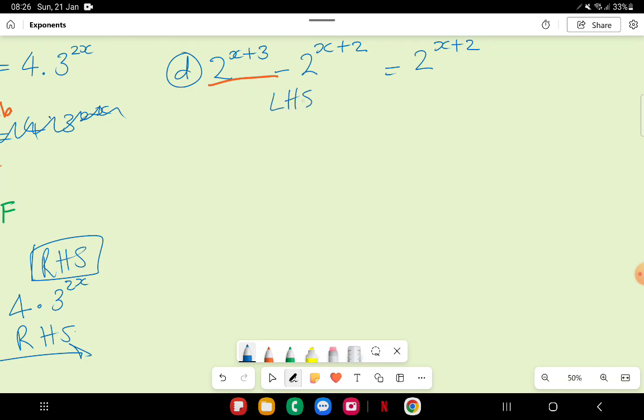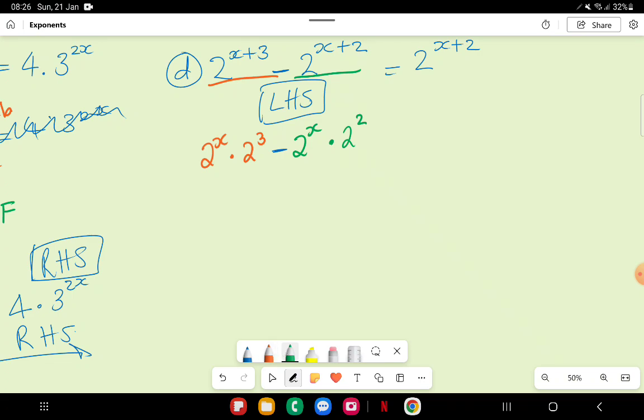So we're only going to work on the left hand side real quick. So my first term is going to be 2 to the power of x times 2 to the power of 3. And my second term, so the minus comes down as it is. My second term is going to be 2 to the power of x times 2 squared. I'm only dealing with what's on the left hand side. I'm not dealing with anything on the right.